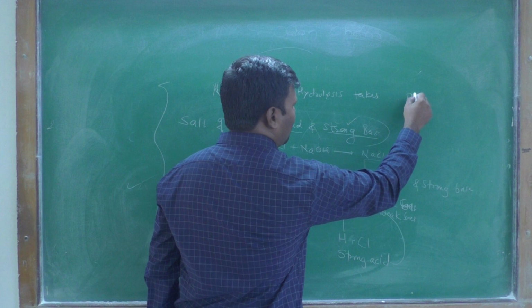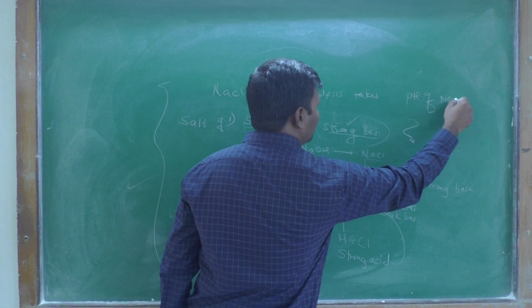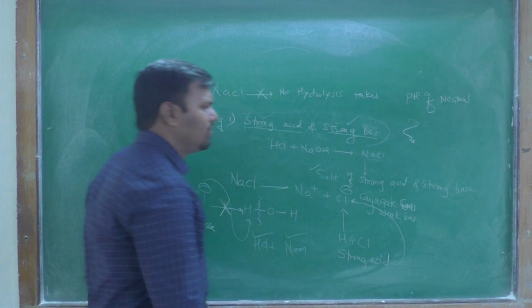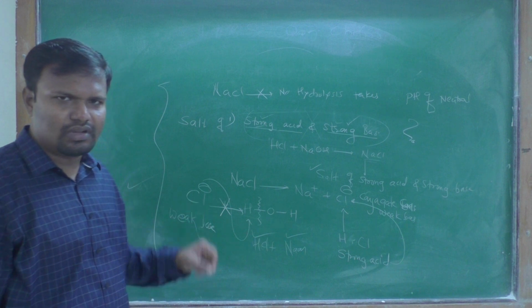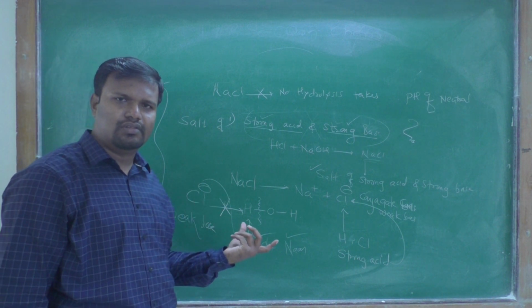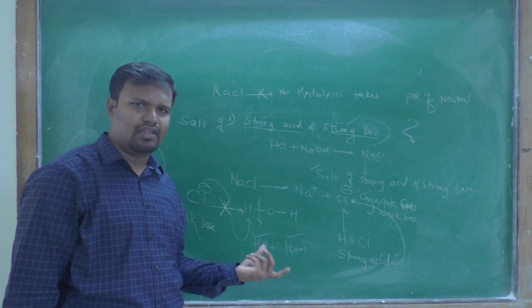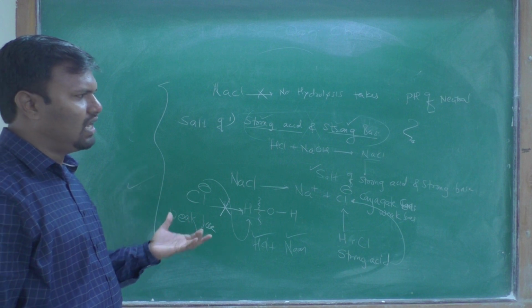Therefore, the pH of that particular solution remains neutral. Okay, when you take litmus paper and put it in this NaCl water, it remains neutral. It remains at 7. Okay, that is the salt of strong acid and strong base.